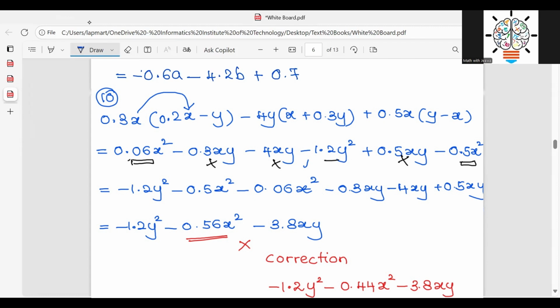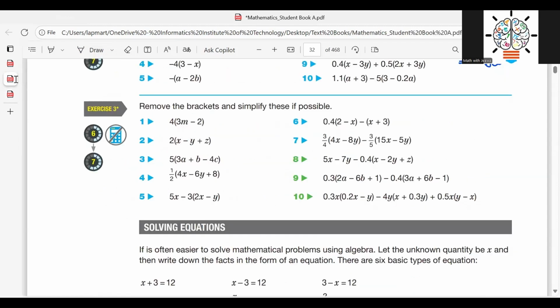Then 0.5x squared, 0.06. So when I add them together, that becomes 0.56. And then I have 0.3, negative 4, and 0.5. Yeah. So when I add them together, that becomes 4.3. From 4.3, when you deduct 5, 3.8. Yeah, correct. So that is the end of this discussion.